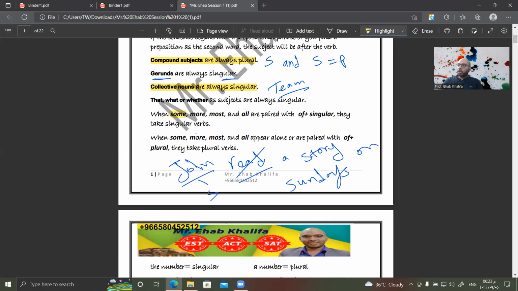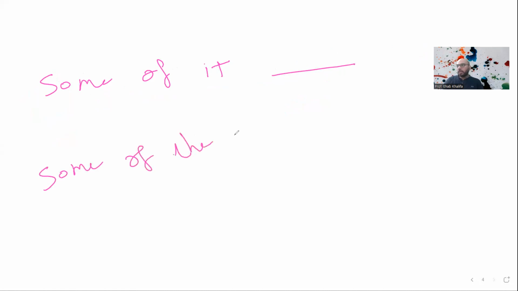This is an important rule. Some, more, most, all. Some of it, blank. Some of the chapters, blank. Pay attention because this is an exception. When it comes to some, the subject here can take singular or plural. Then how can we decide? So easy.